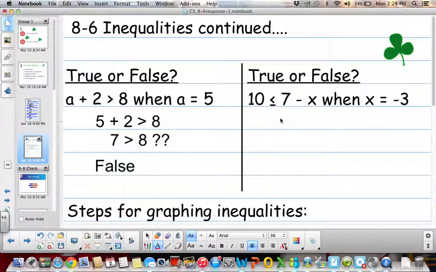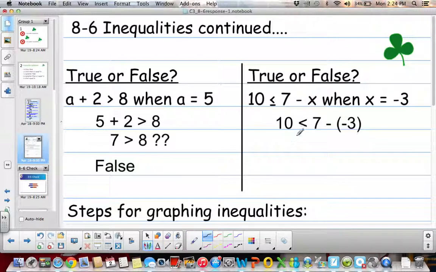Okay, true or false? 10 is less than or equal to 7 minus x when x equals 3. So we're going to rewrite it: 10 is less than or equal to 7 minus, I'm going to put it in parentheses here, negative 3.